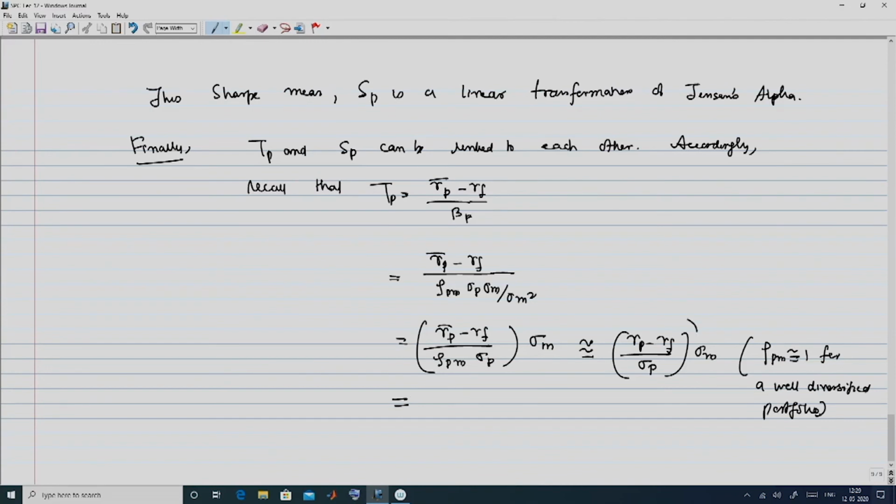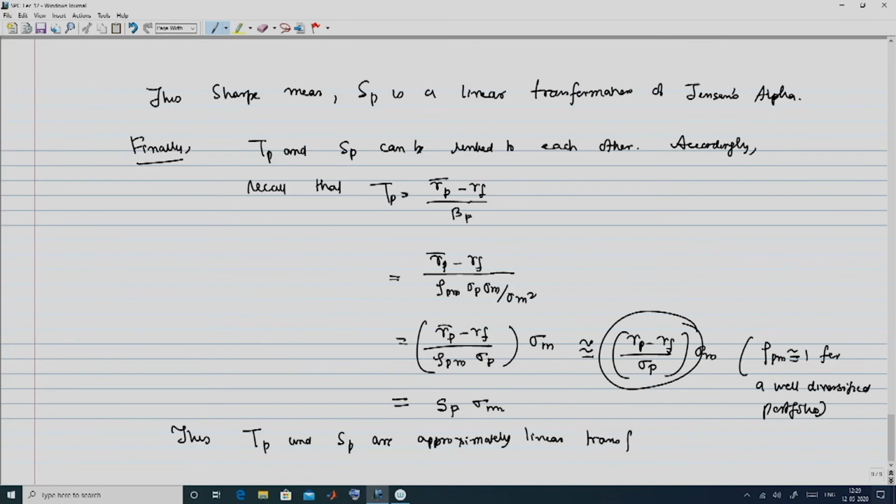And you recollect that this term is nothing but S p multiplied by sigma m. Thus, T p and S p are approximately linear transformations of each other.